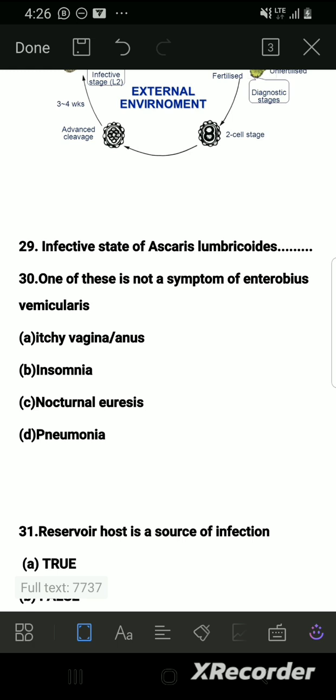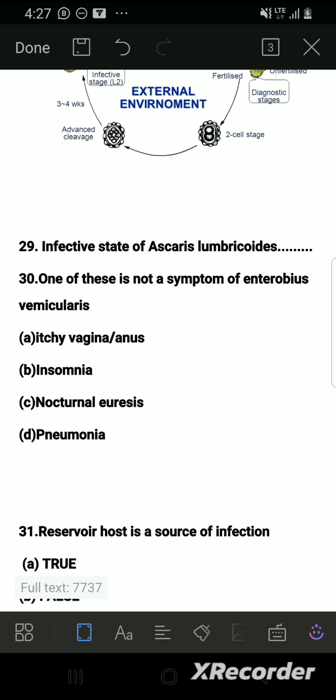Then insomnia. When you are having an itchy vagina or anus, it actually gives you discomfort, which can lead to insomnia when you want to sleep. Like I said earlier, the itchy vagina is caused by the female Enterobius vermicularis when it starts producing its eggs.